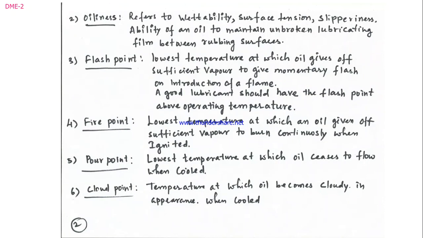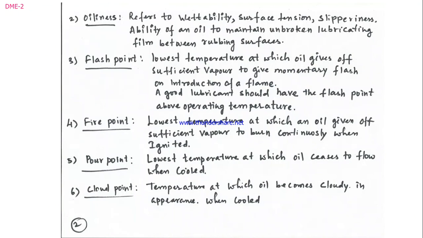Then we have the third point, which is flash point. Flash point is the lowest temperature at which oil gives off sufficient vapor to give a momentary flash on introduction of a flame. It means the lowest temperature at which the lubricant turns into vapor.